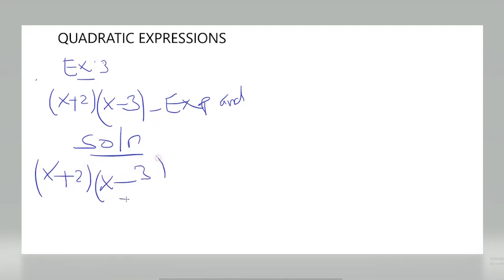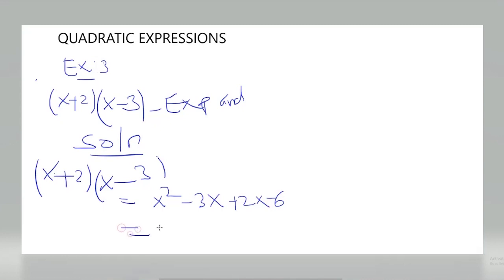Now this one can be equal to x times x, which is x squared. Then x times negative 3 is negative 3x. Then 2 times x is positive 2x. Then 2 times negative 3 is negative 6.